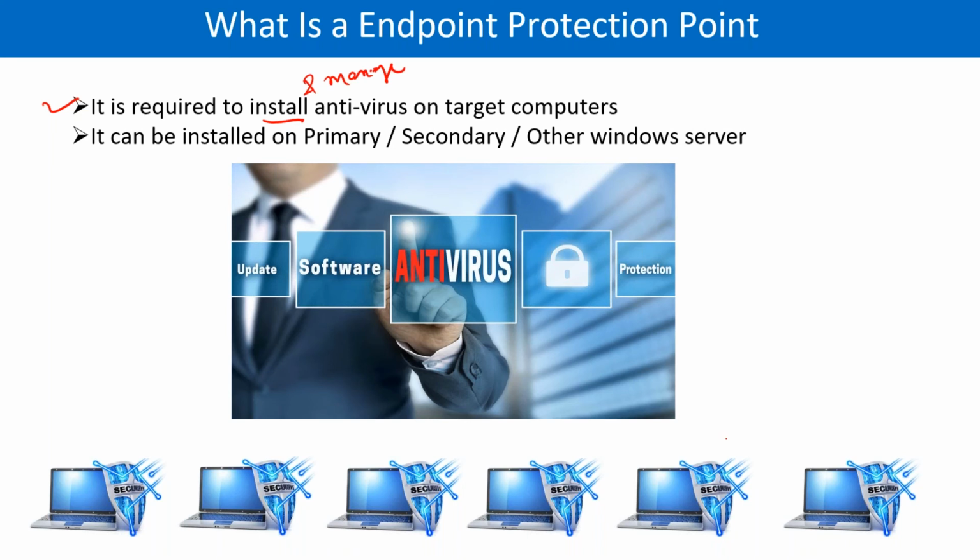Let's say you have thousands and thousands of Windows 10 machines, and you would like to manage antivirus on those machines, right? It cannot manage third-party antivirus, only the inbuilt antivirus, Windows Defender. So you can do that through the endpoint protection point role, and it can be installed on a primary site, secondary site, or any other Windows server. It is an optional role.